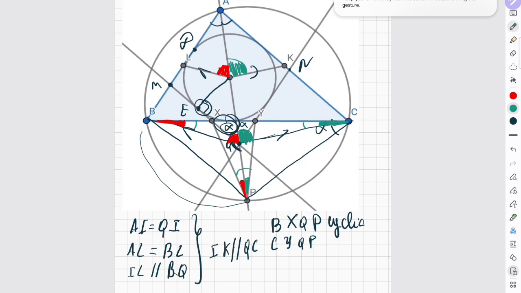Okay, and we know that there is a triangle here, BQC, and the internal angles of this triangle sum to 180. However, we transferred these two angles into this triangle, and that is why we can say that indeed this angle, which is KIL, and this angle YPX, the sum of these two angles is indeed 180.